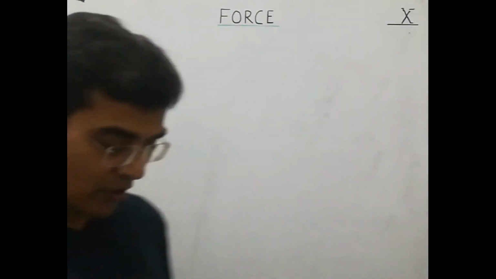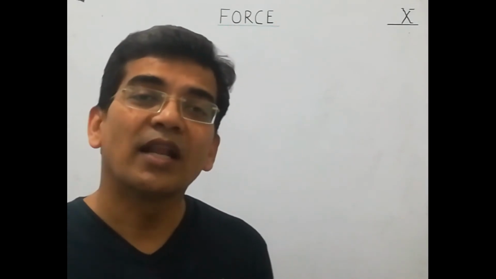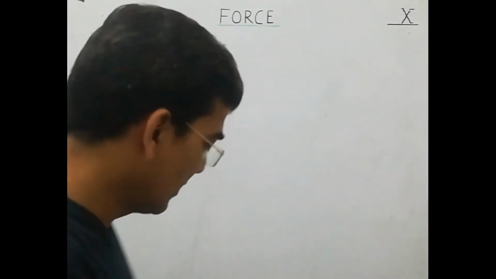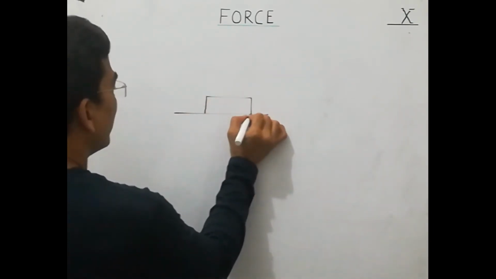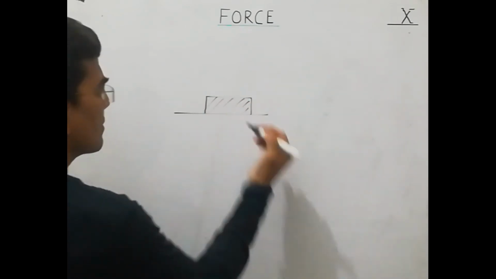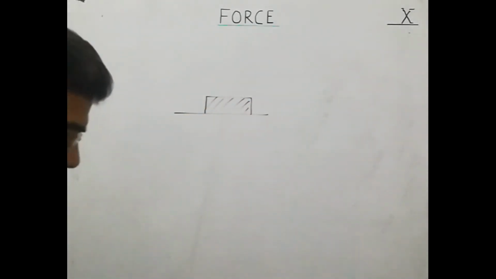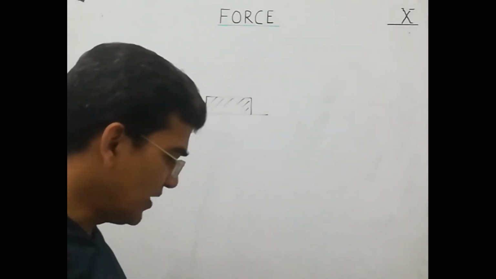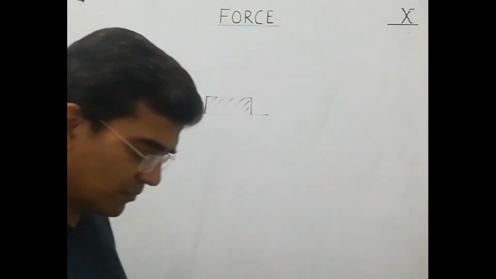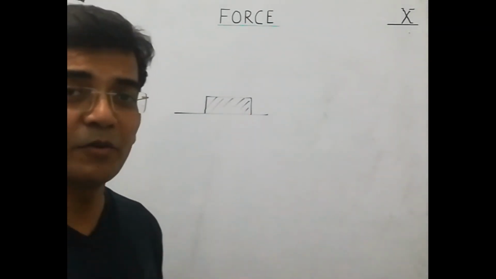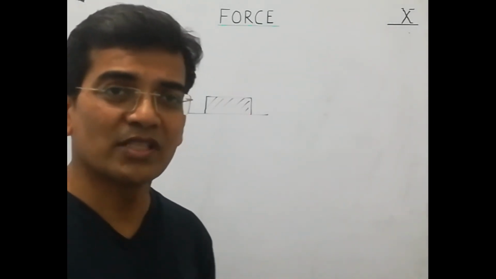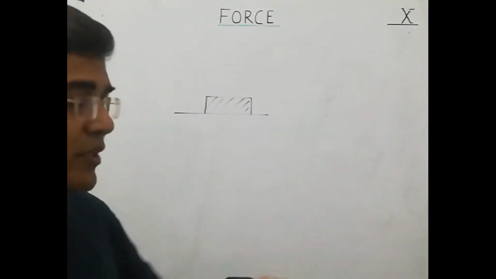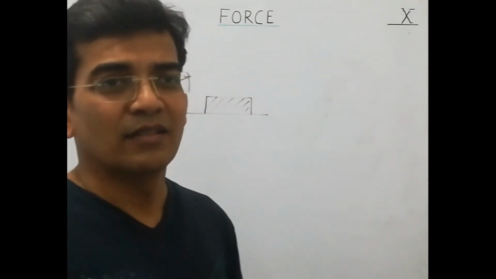Now, an example for static equilibrium: a book lying on a table. The book is at rest, and we will say that it is representing a static equilibrium. Now, how does it represent static equilibrium? Equilibrium means there should be two or more forces acting on the body, and under the action of those forces, the body remains in equilibrium.